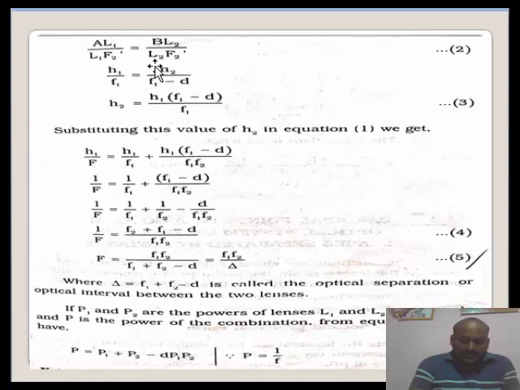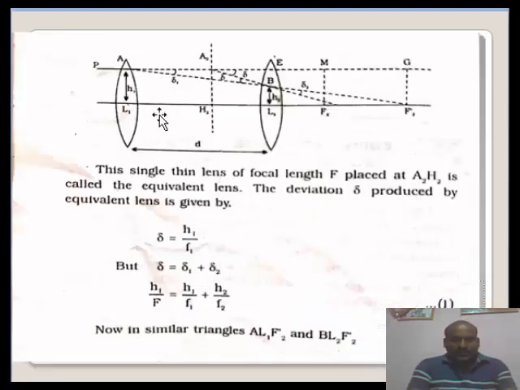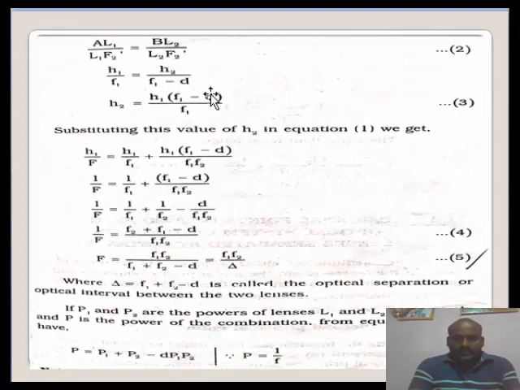Look at the diagram and you will understand. AL1 is the height H1, and L1F2' is the total focal length F1. Again BL2 has height H2, and L2F2' we can take from the total focal length by differentiating. For example, look here, what is the difference?